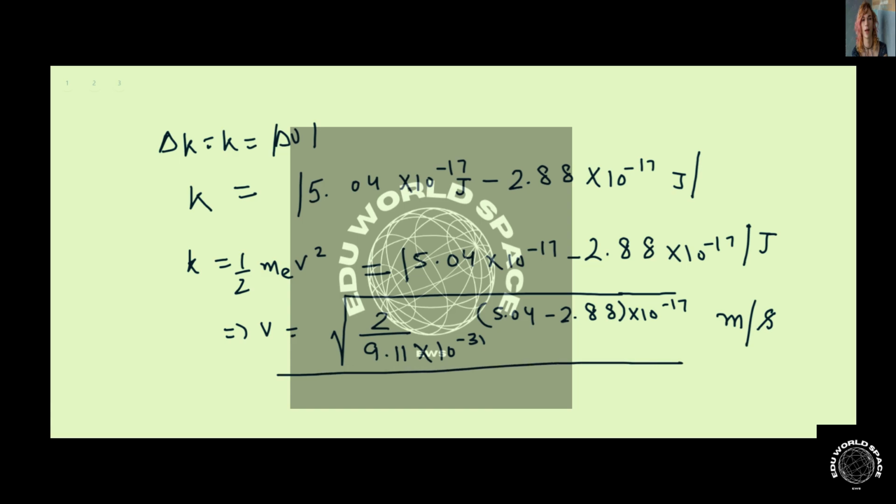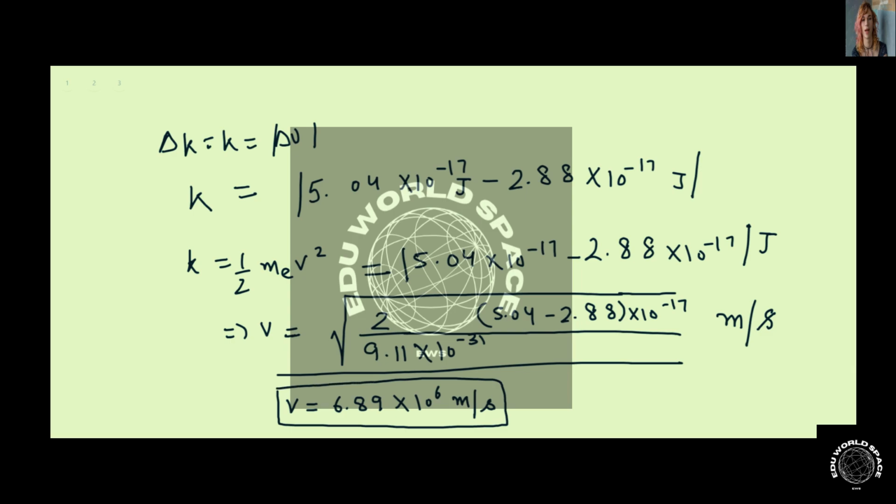You can use the calculator to find the value of V. This is a very easy calculation. So V comes out to be 6.89 into 10 raised to power 6 meters per second. That's the velocity of the electron when it reaches the final situation.